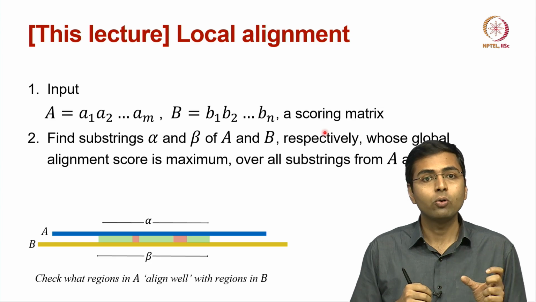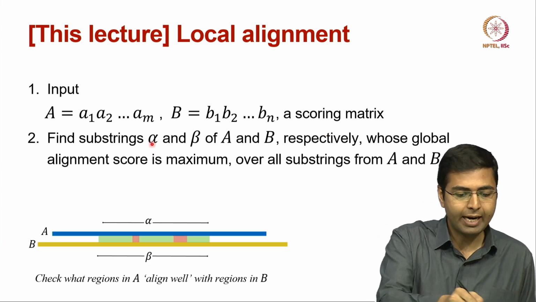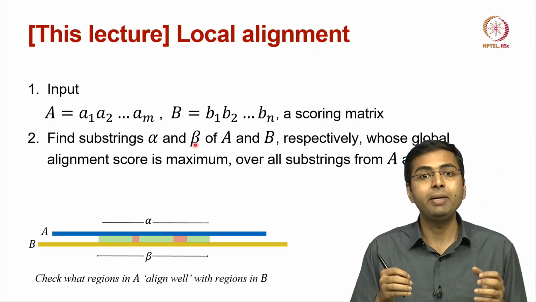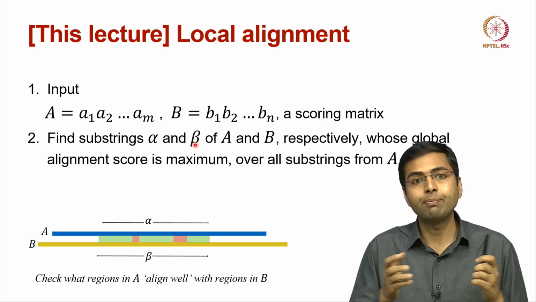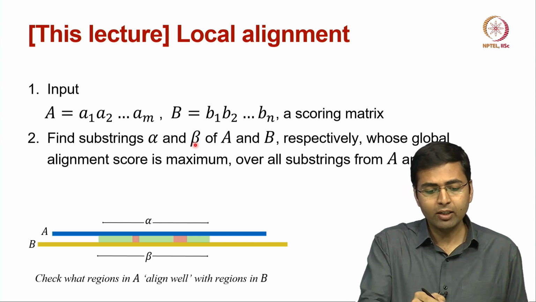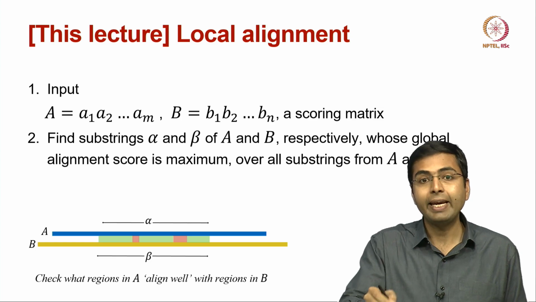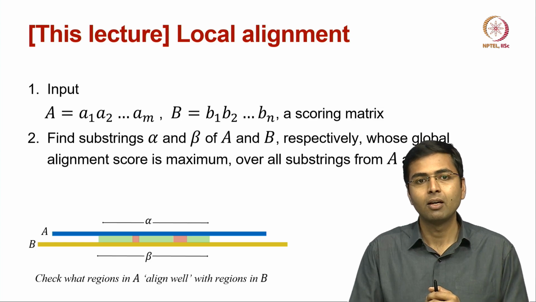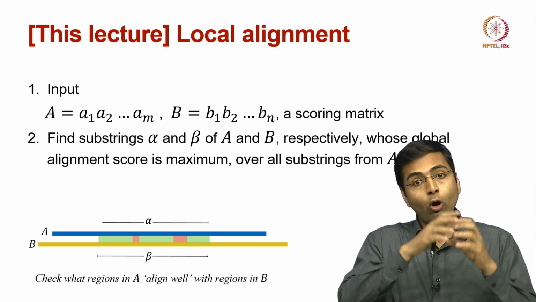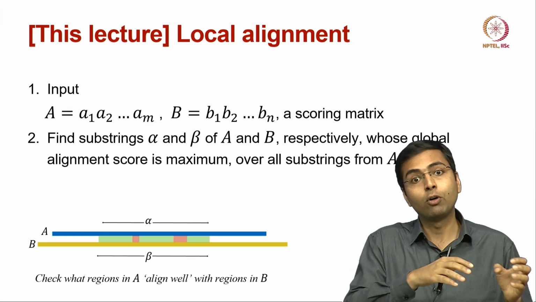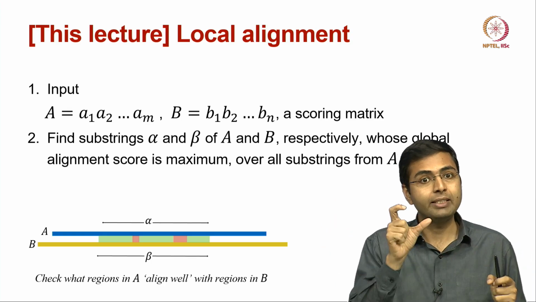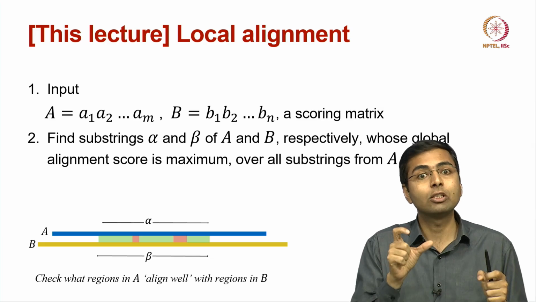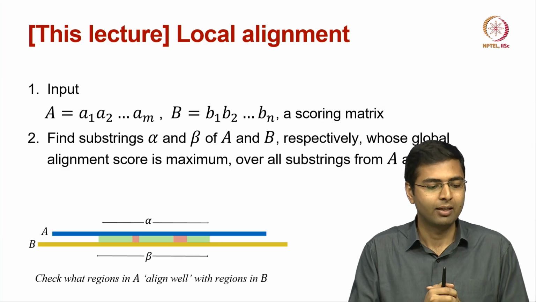What we want to know is the substrings alpha and beta of strings A and B respectively, whose global alignment score is maximum over all substrings from A and B. So, over all choices of substrings from A and over all choices of substrings from B, we want to look for substrings alpha and beta whose global alignment score is maximum.